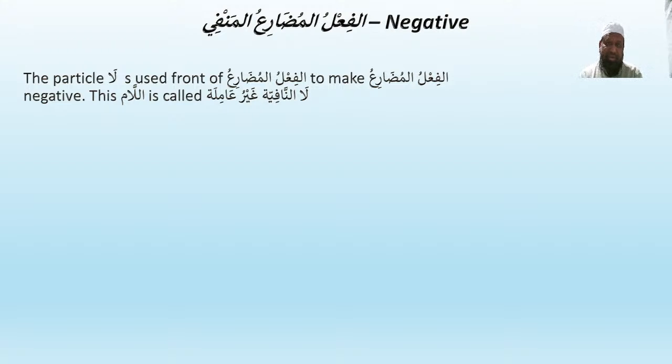This lam that negates فعل مضارع is غير عاملة. That's it. This is all we need to know to make فعل مضارع negative. The particle لا is used in front of الفعل المضارع to make it negative. This lam is called لا النافية غير عاملة.